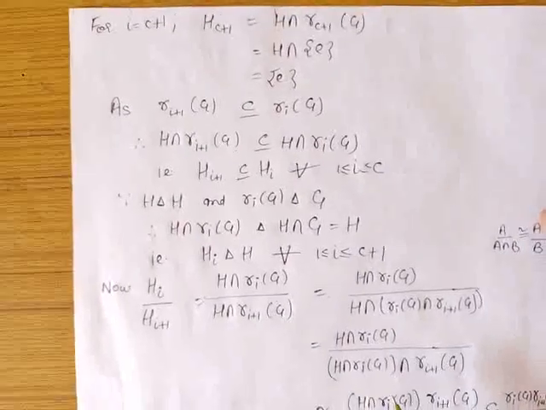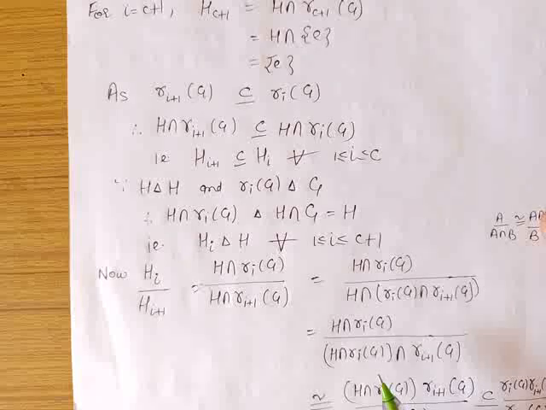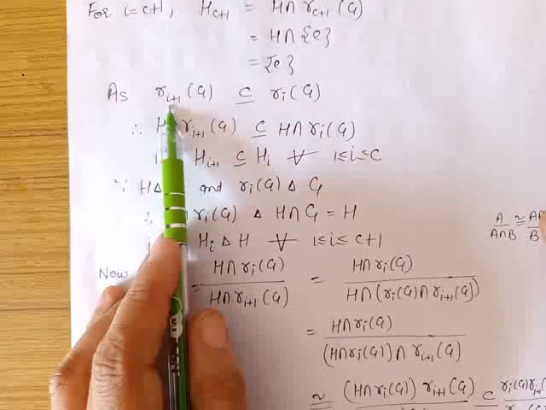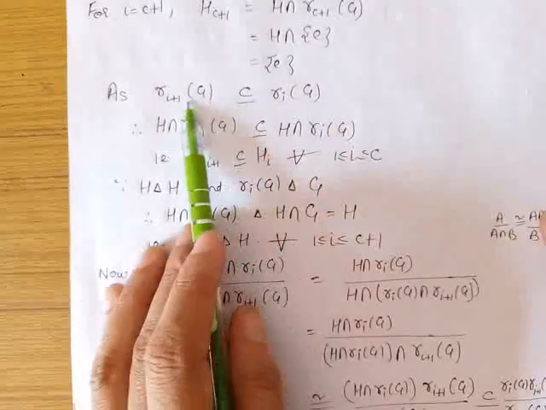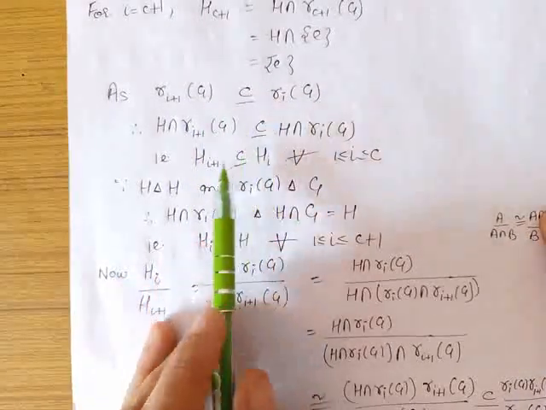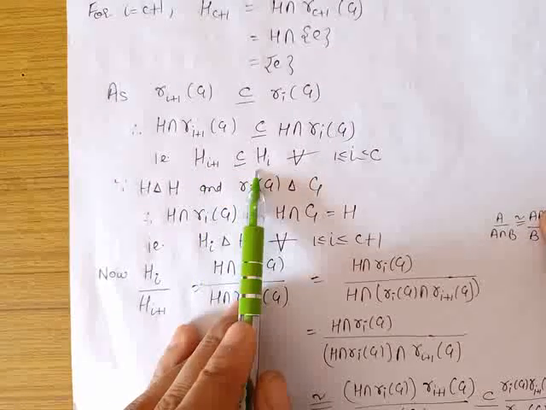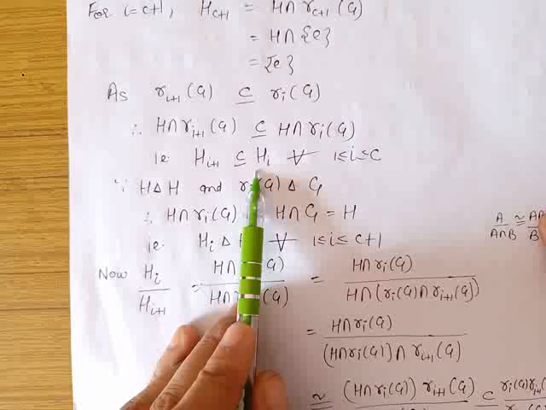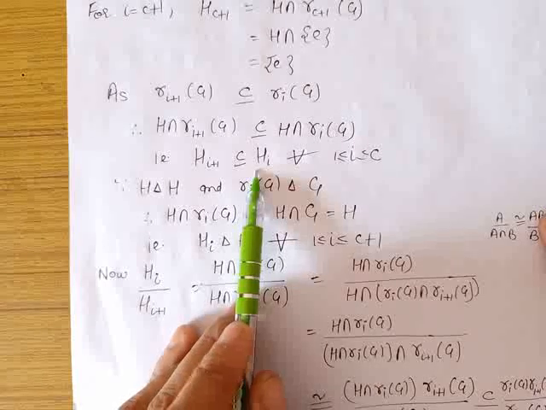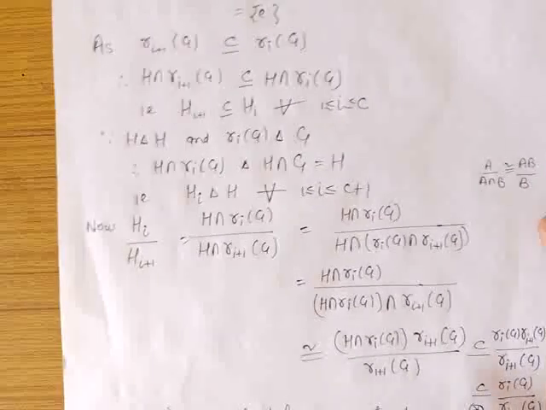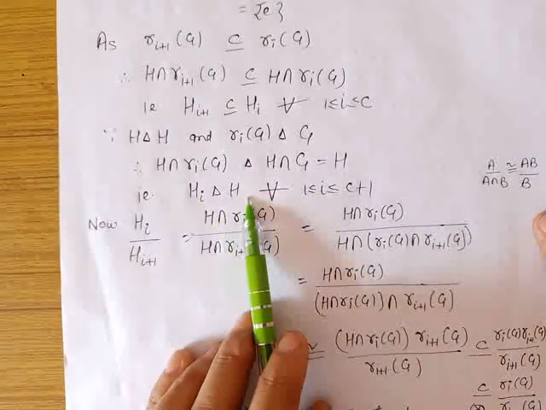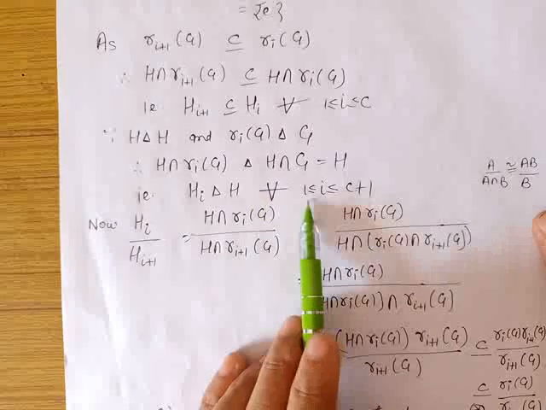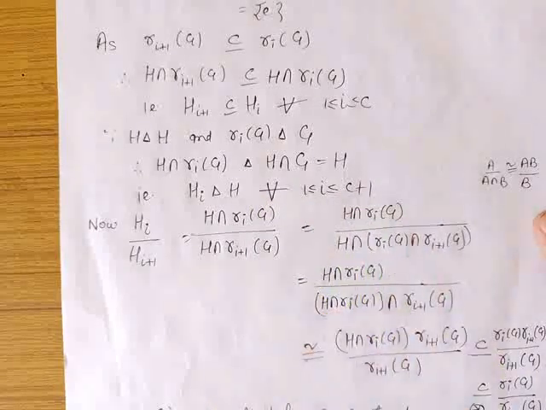And also by the definition of the lower central series, each gamma_(i+1) is contained in gamma_i. Taking intersection with H on both sides, we get H_(i+1) is contained in H_i. And this is true for every i varying from 1 to C. Also, each H_i is normal in H. And this is true for every i varying from 1 to C+1.